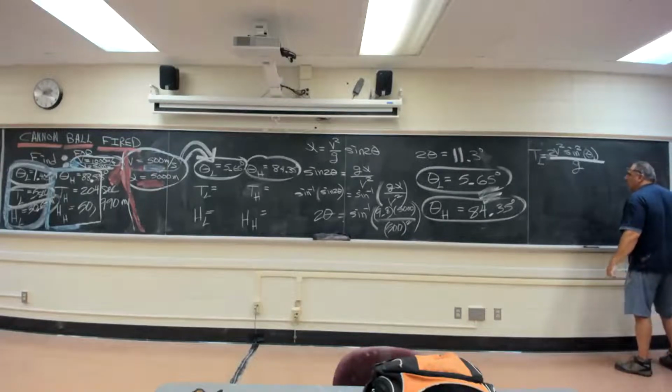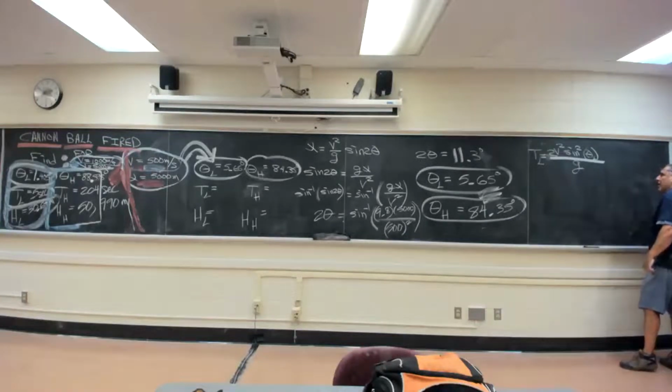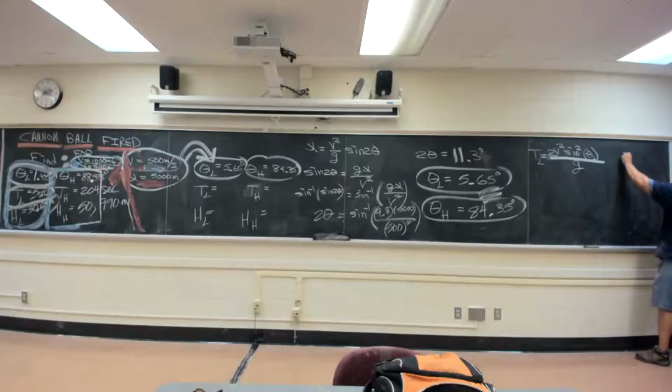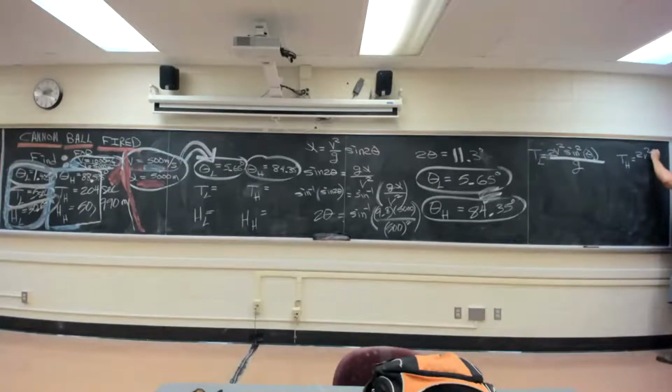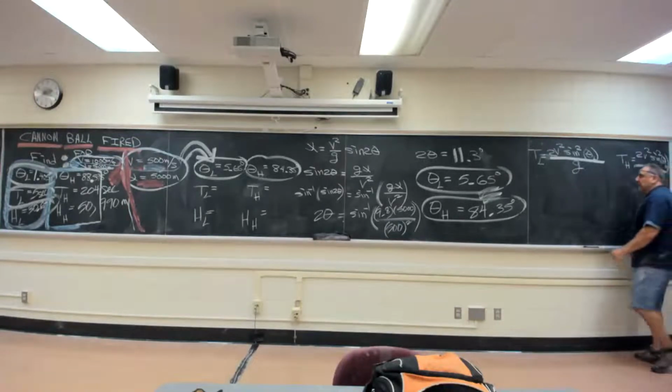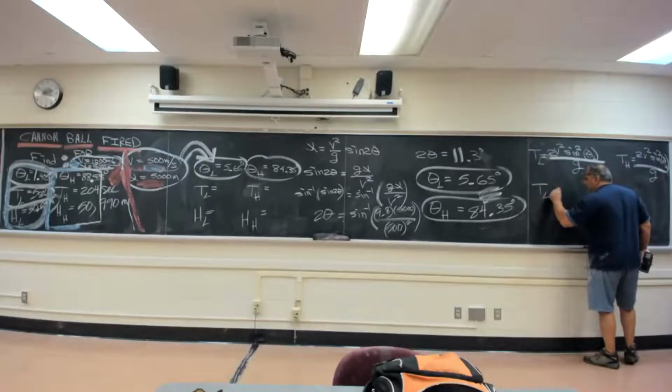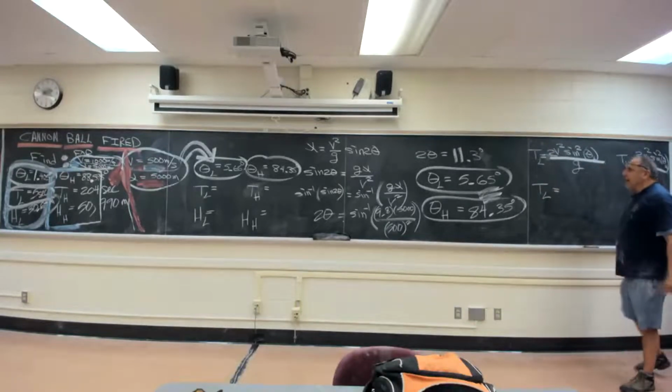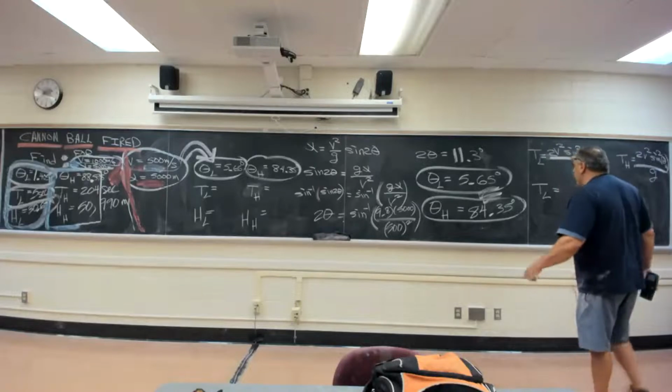And the other one is going to be T sub H is 2v squared sine squared theta H, whole thing over g as well. Yeah, it's a bit of a mess, but let's see. The low one's not going to have a big flight time. It's going to be more than 5 seconds. I guess that's some consolation to the whole thing.